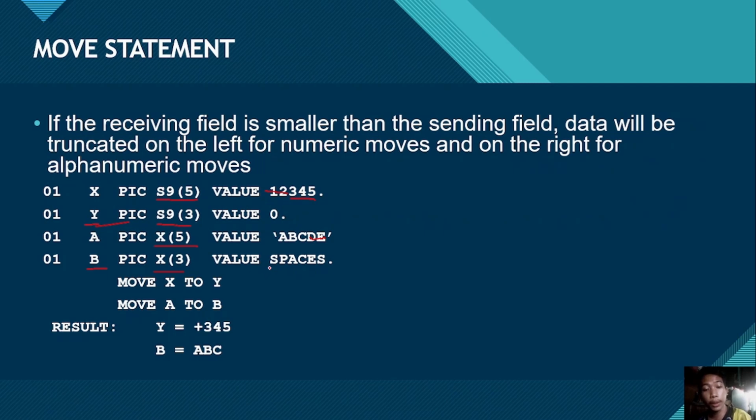Actually, this one is not a string literal, but it is a figurative constant. So meaning that spaces has a size of 1, it is stored as 1. Then spaces, since our B size has 3.